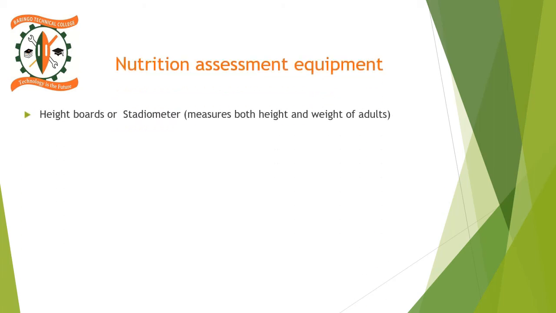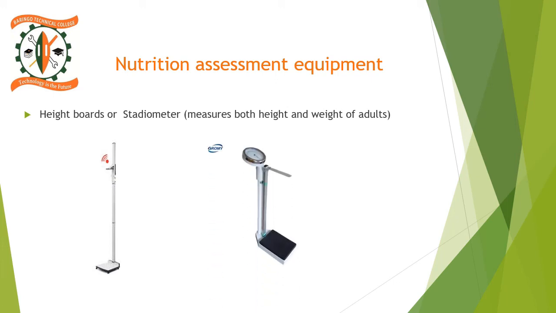Now, there are equipment that are used for nutrition assessment. One of them is the height board, which is portable. And we also have the stadiometer that is used to measure height for adults.